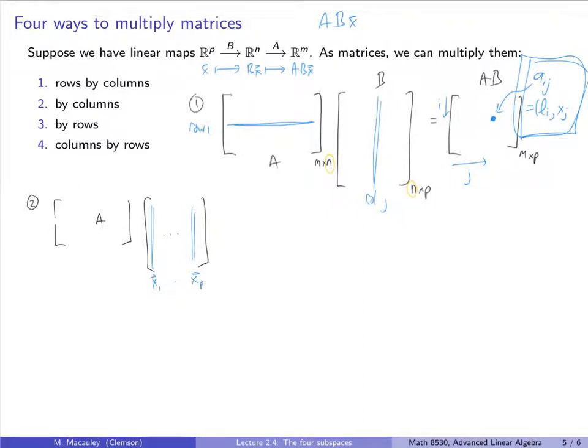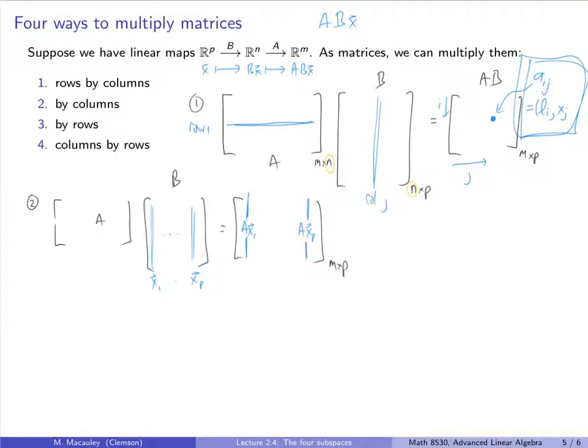So this product is m times p, so it is m of these and p of these. The p columns you can think of as A times x1 all the way up to A times xp. So in other words, this here is A times x1, and this is A times xp. So again, you can think of this as A times the columns of B.